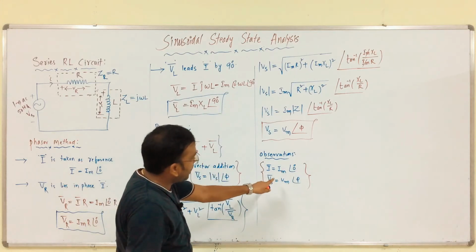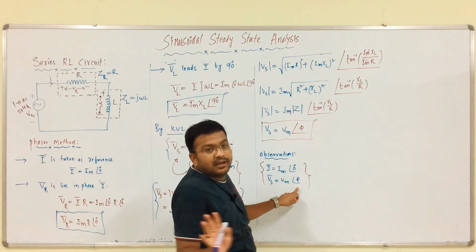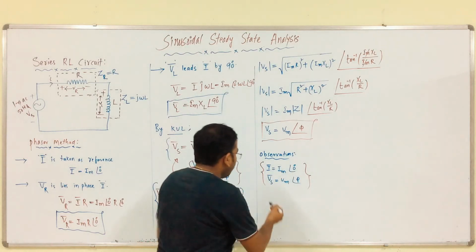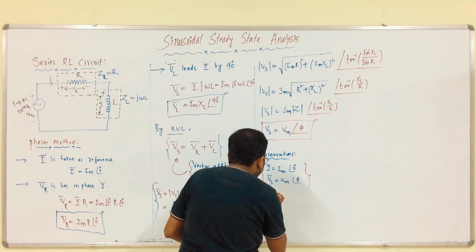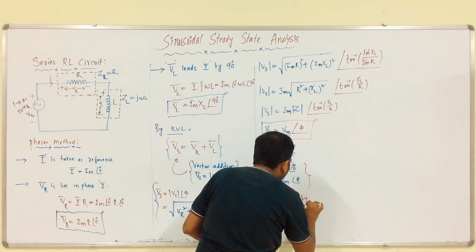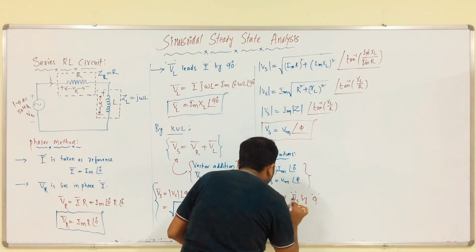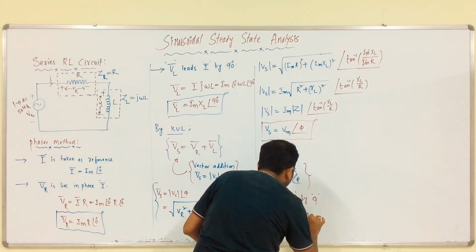There also we got Im at an angle 0, Vm at an angle phi. Here also we got the same representations. Therefore, current lags by phi. What is the range here? 0 less than phi less than 90 degrees. Clear?